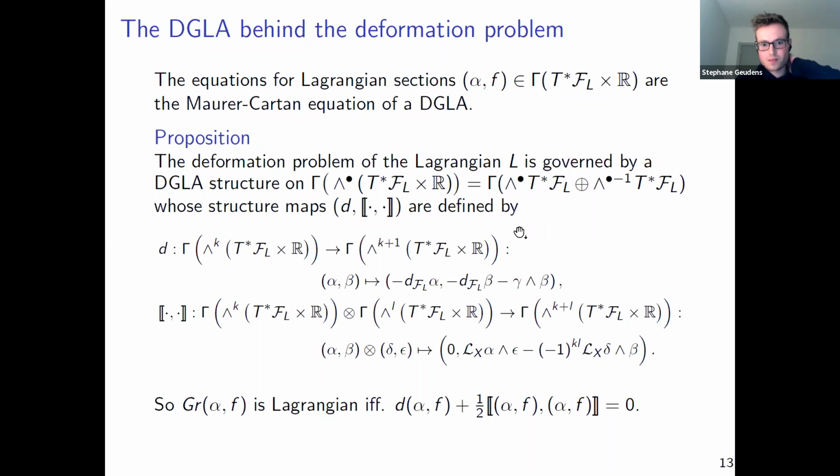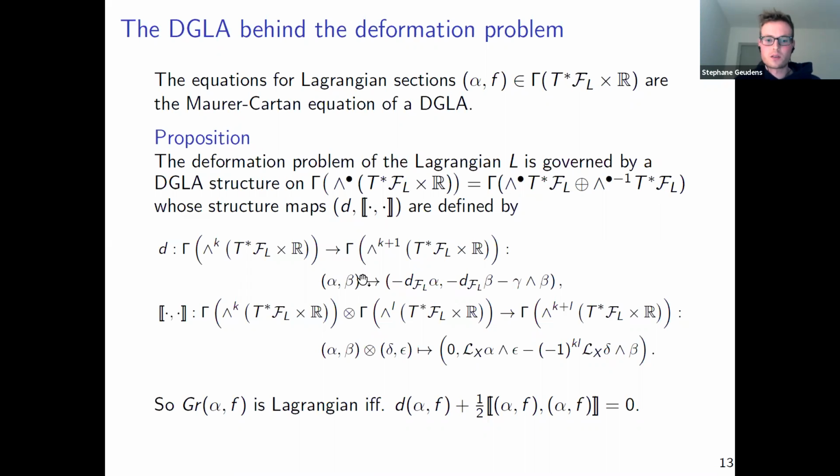And yeah, so the DGLA is described here. It lives on sections of exterior powers of the local model. These are F times R. And in a certain degree, such a section consists of 2 components. It's a foliated form of a certain degree, and a foliated form of 1 degree less.